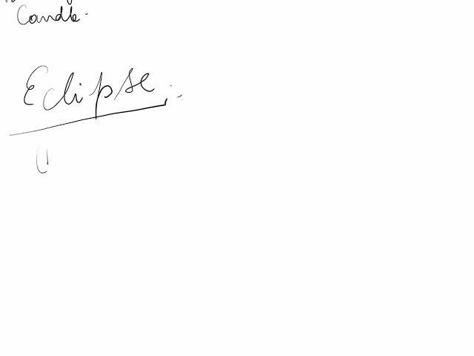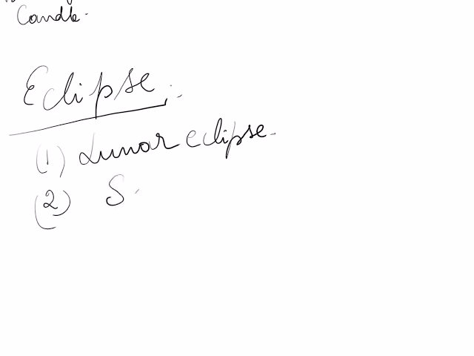So, two types. One is lunar eclipse. This is the eclipse of the moon. And second is solar eclipse. That is the eclipse of the sun. Let us now try to understand how these two eclipses are formed.